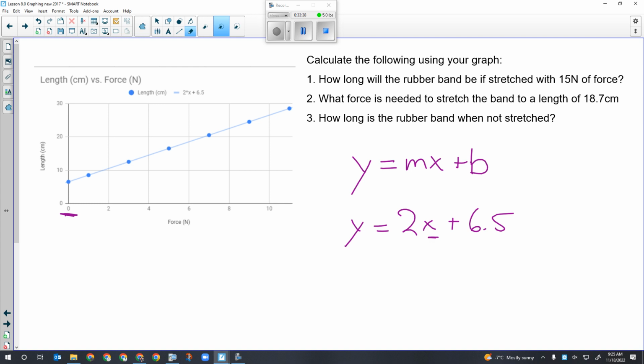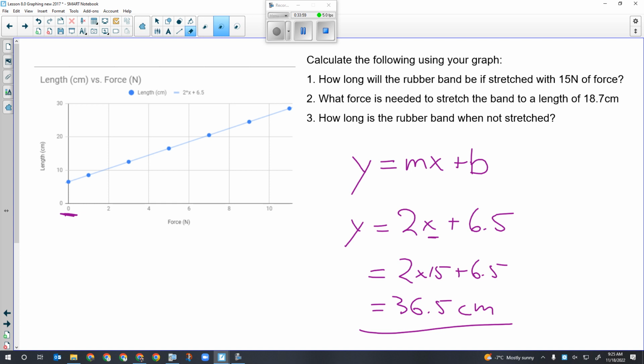I already know the other two numbers, so all I have to do is substitute 15 in for x. 2 times 15 plus 6.5 is going to be 36.5, and that's going to be centimeters. Everybody okay with that one?